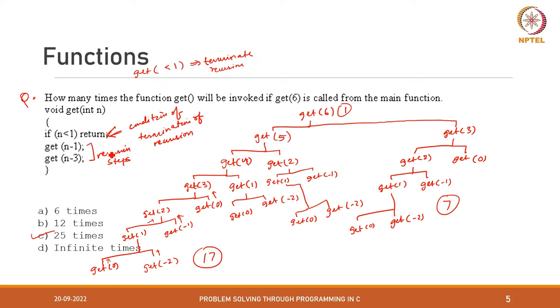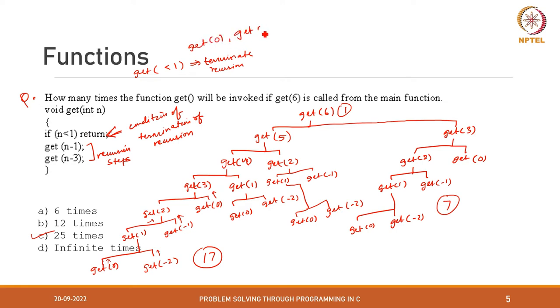So keeping that in mind, let's see what happens when we call get of 6. This condition is not satisfied. It will not be satisfied until we call get of 0 or get of minus 1 or get of minus 2.